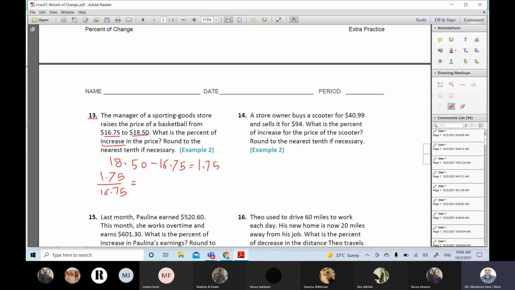So we want to divide now 1.75 divided by 16.75. So the answer will be about 0.10. As a percent will be 10%.